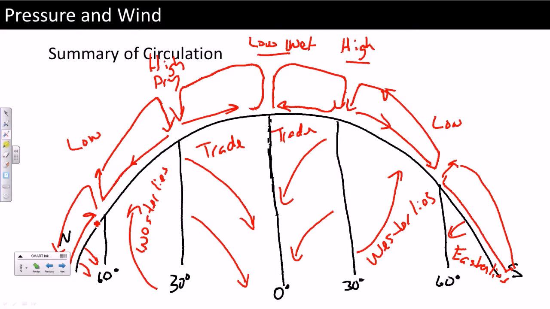I'll be moving on to wrap up talking about a more regional process called the Southern Oscillation Index, and that will lead us into a conversation about El Nino and La Nina, which are climatic variations that are a little bit hard to predict.